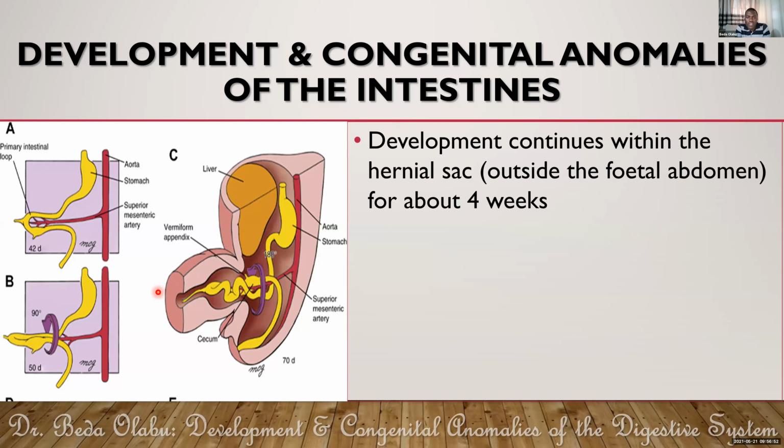When the 10th week reaches, a number of things have taken place. You know, the mesonephros have now involuted. You are told they involute from around the 8th week, 9th week. So they have now involuted. Now we have the metanephros, which is in the pelvis anyway. So there's enough space created by the absence of the mesonephros.